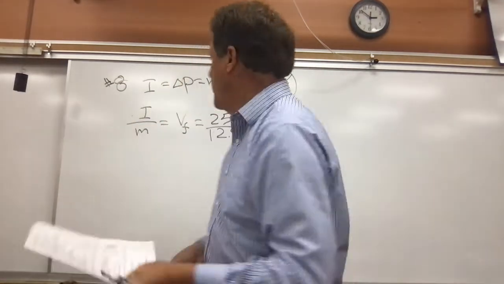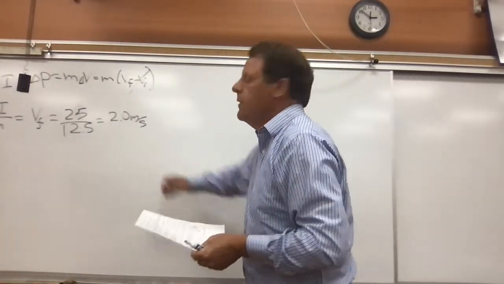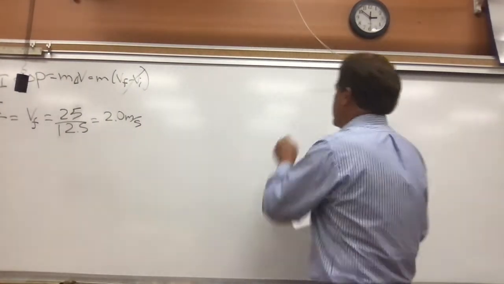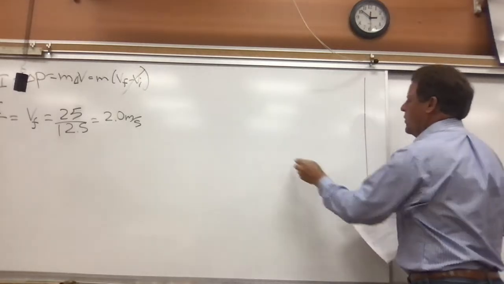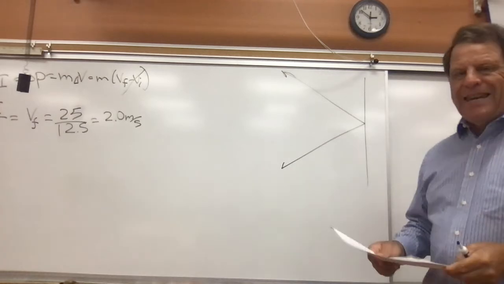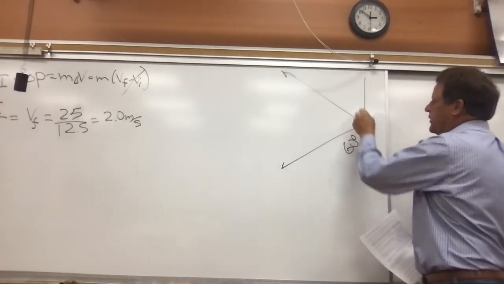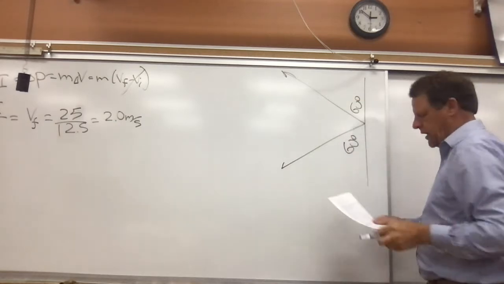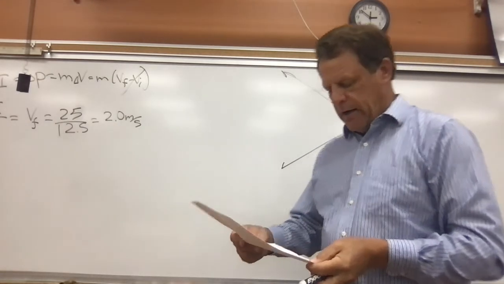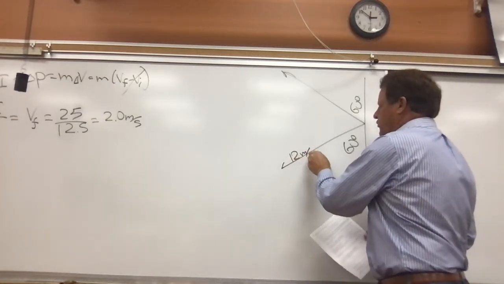All right, so in question number 9, we're going to have this diagram here where we're going to have a ball come in, and it is going to reflect, and this is going to be an angle of 60 degrees and 60 degrees. And it is traveling at 12 meters per second.